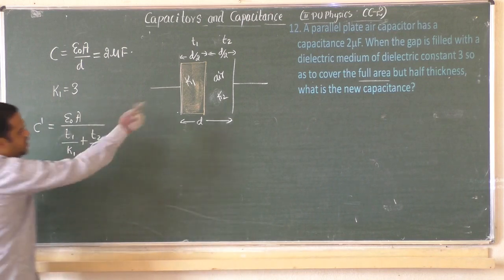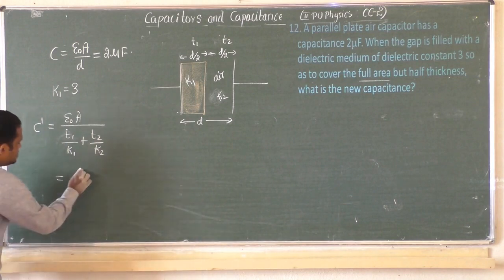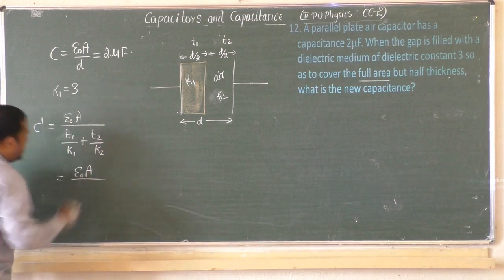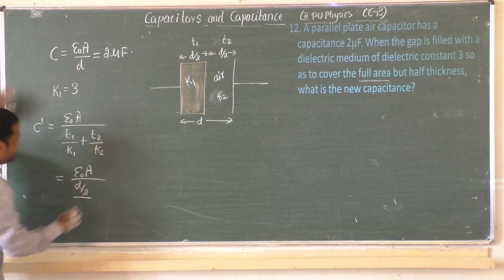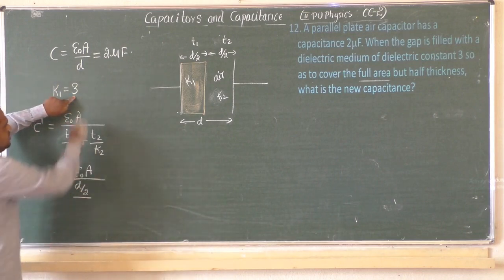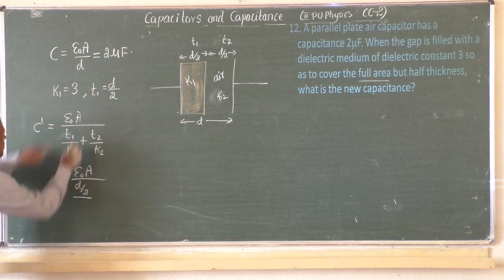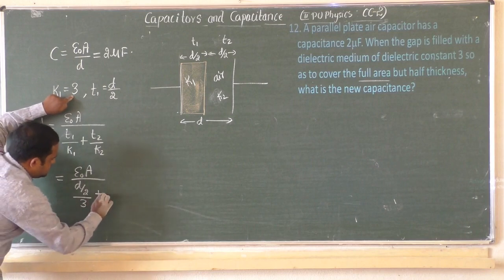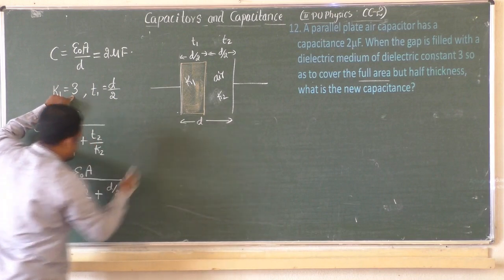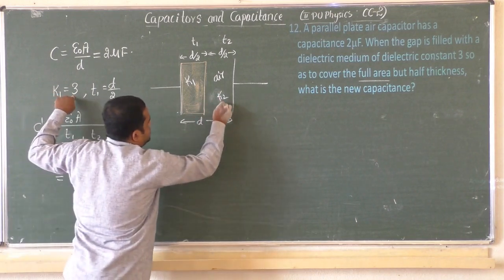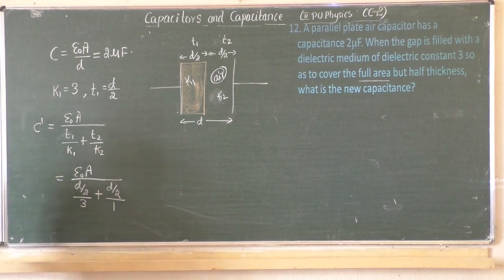Again, the D or A values are not given. Let us try to solve the problem. Epsilon naught A divided by T1, which is D by 2, divided by K1, which is 3, plus the remaining part D by 2, the thickness T2, divided by the dielectric constant of air, which is equal to 1.